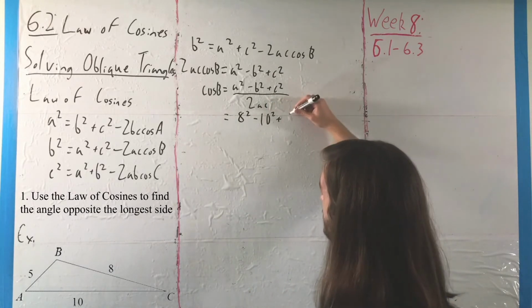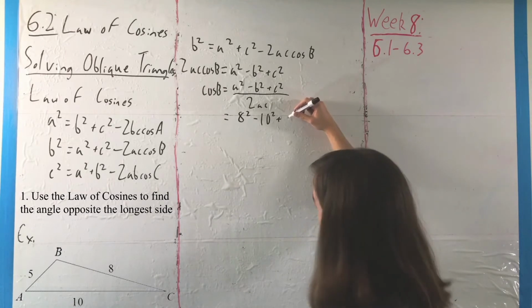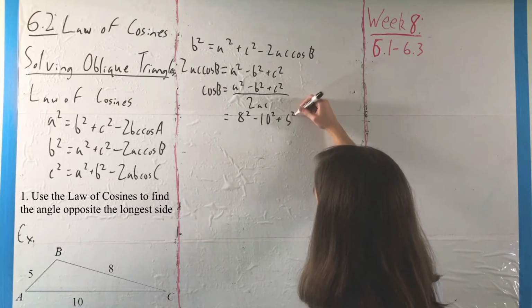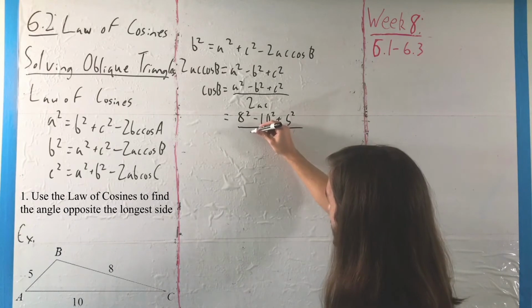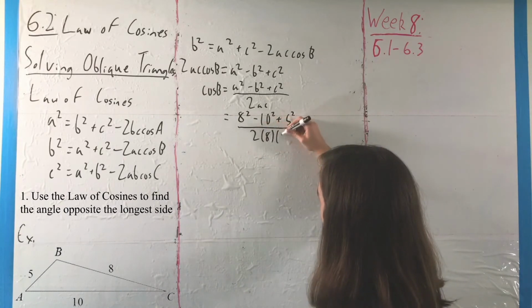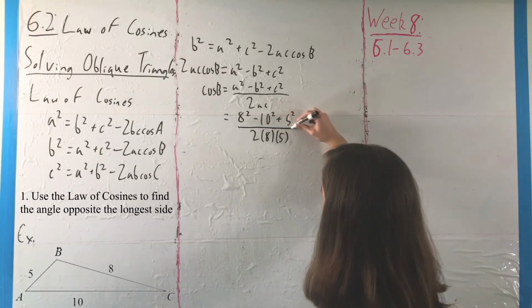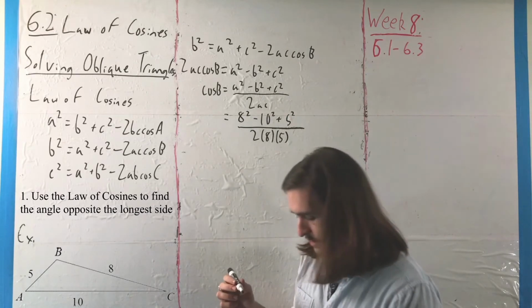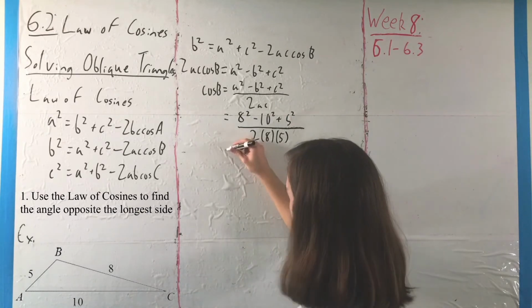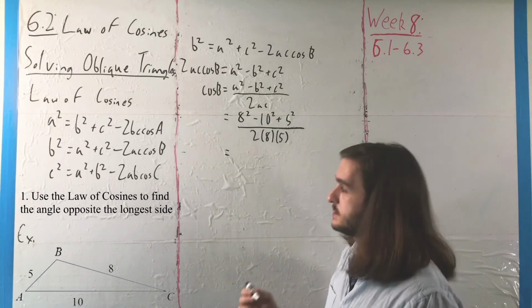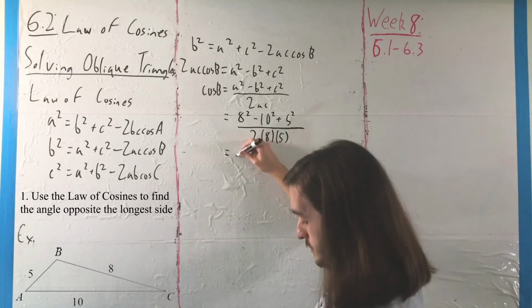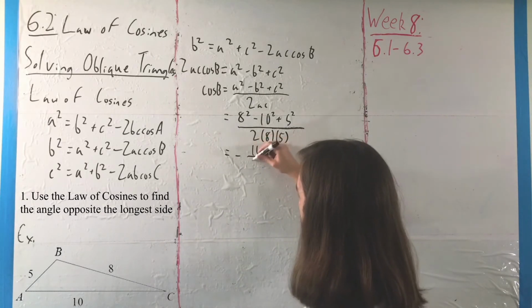And then c, because it is opposite angle C, is going to be 5 squared, and this is going to be over 2 times 8 times 5 appropriately.